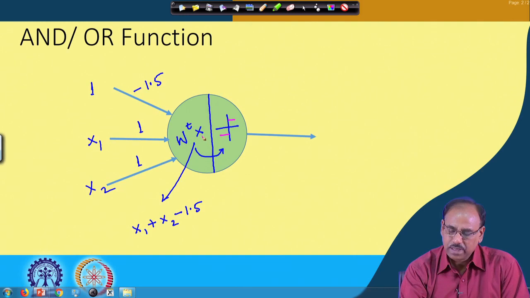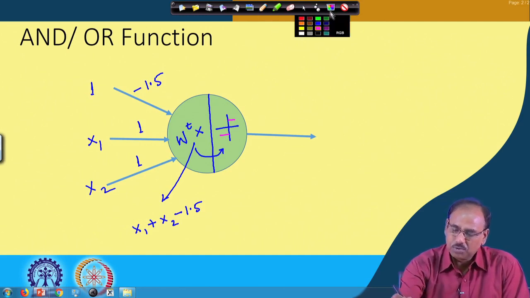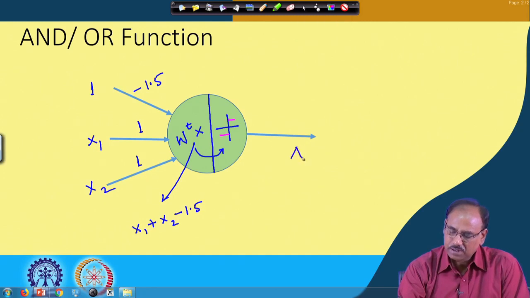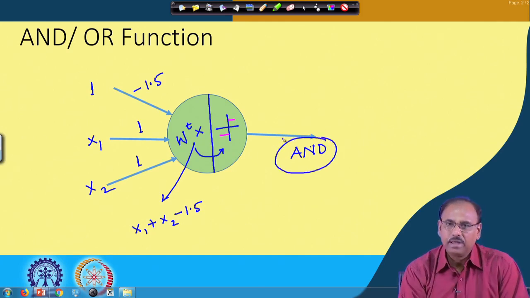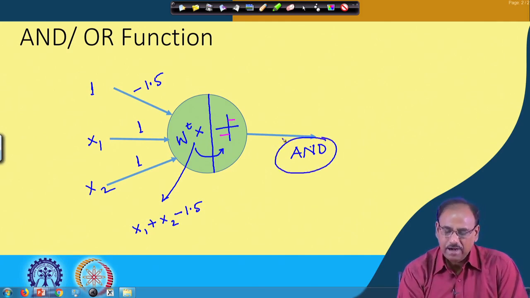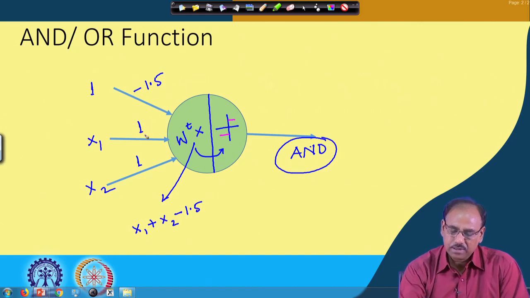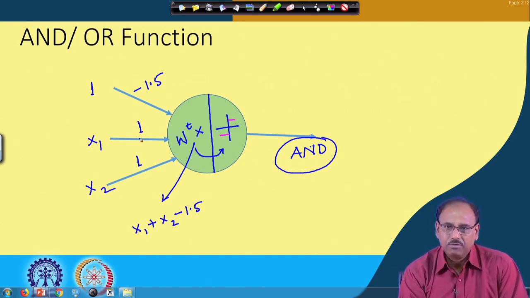For W transpose x less than or equal to 0, the output is 0. As a result, at the output, the function that I get is an AND function.